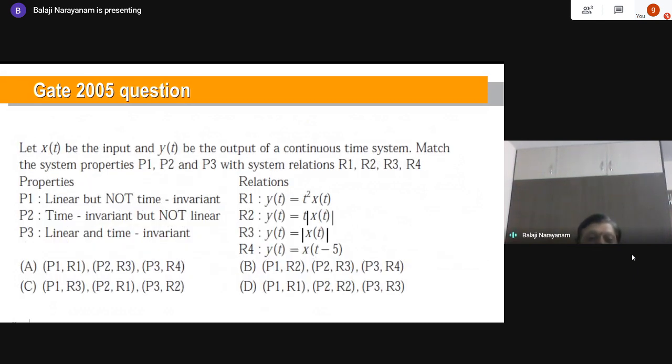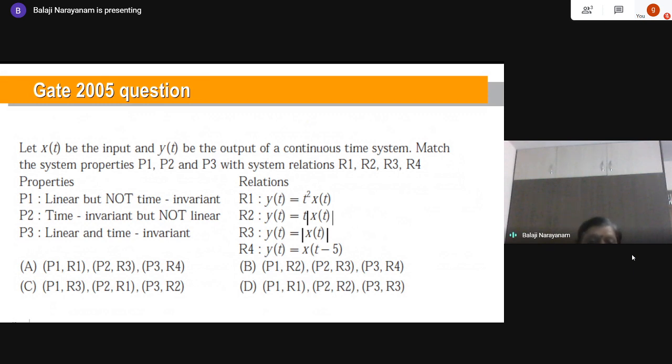Now, let us take another GATE question. Let x of t be the input and y of t be the output of continuous systems. Match the system properties with the system relations. We are given 4 different relations, and you have to identify whether the given system equations are among P1, P2, P3.